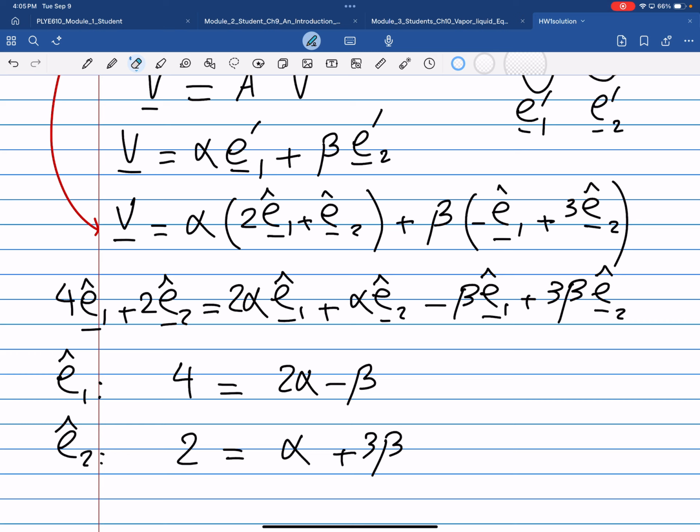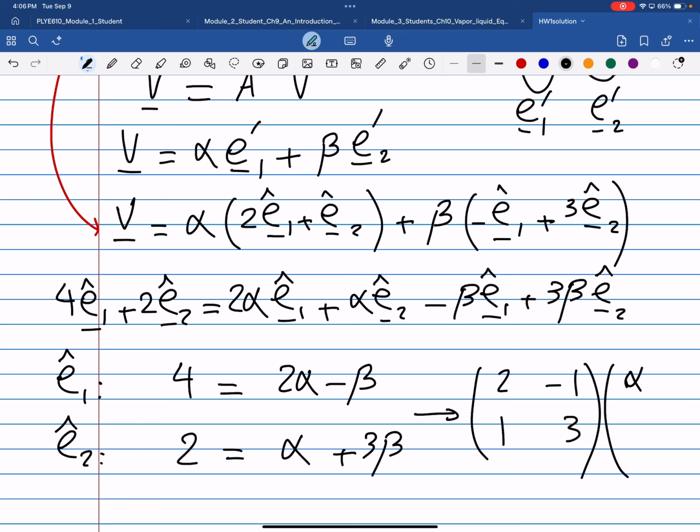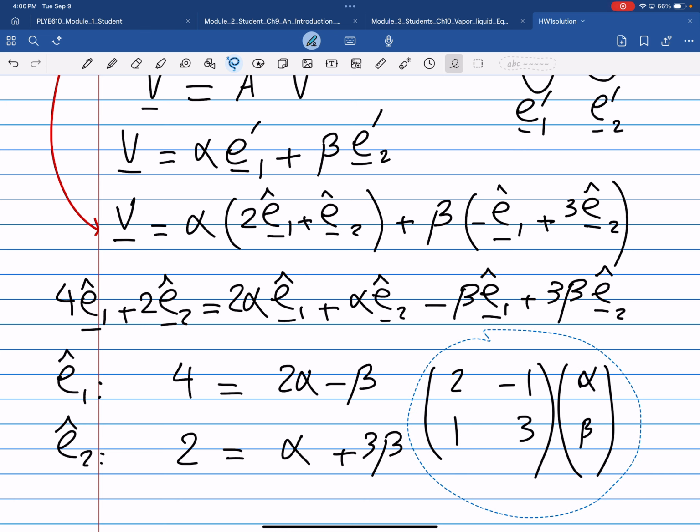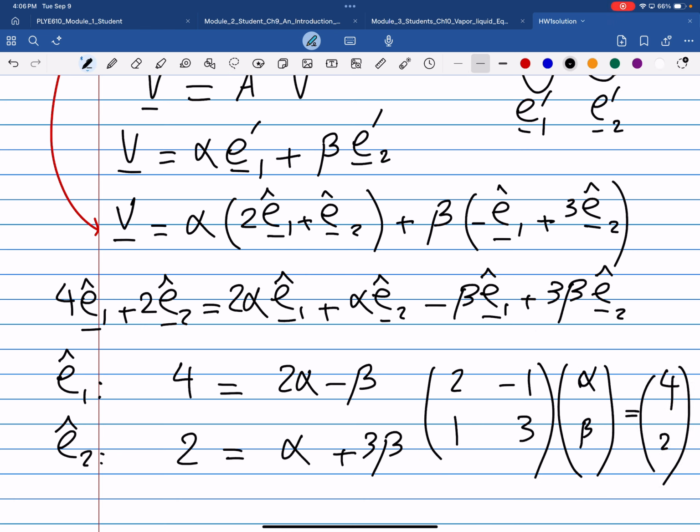If I write it in matrix form, it's 2, minus 1, 1, 3 times alpha and beta, equals 4 and 2. So this is what it means. Can I calculate alpha and beta?